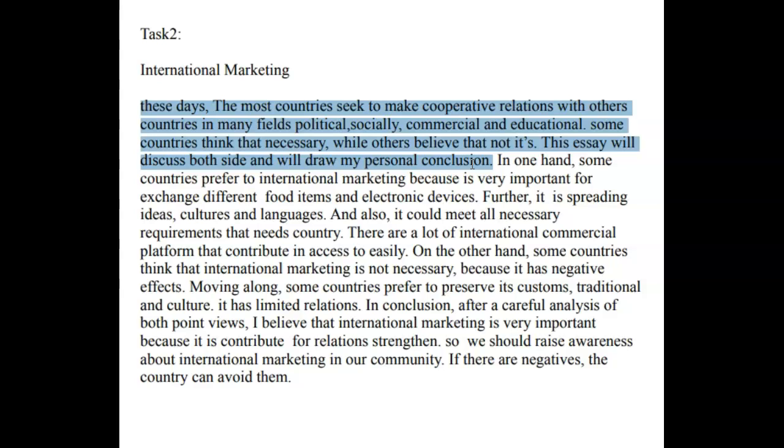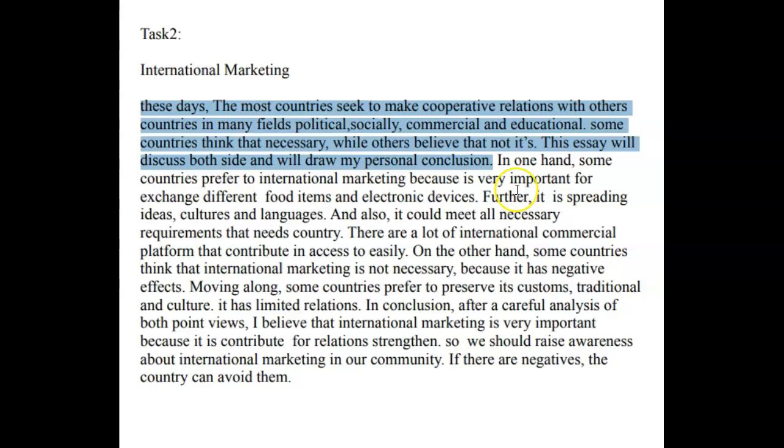Okay, so this should be "on one hand." "Some countries prefer to use international marketing because it is very important for exchanging different food items and electronic devices." Okay, explain this to me. Why is international marketing important for this?